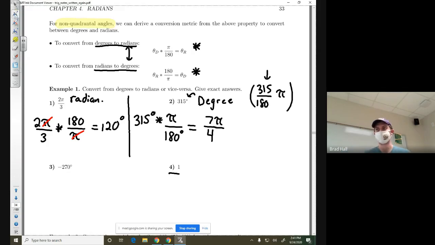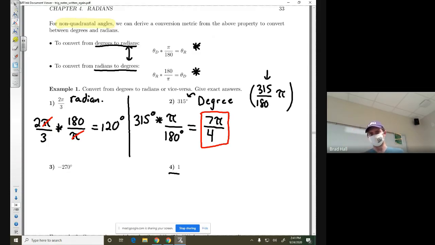So 7 pi over 4. There's these different formatting things, as in fractions are nicer to look at than the decimal forms. This means you should probably figure out how to move between decimals and fractions in your calculator. It's very helpful. We will be using it quite a bit.